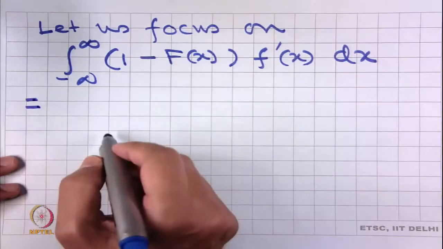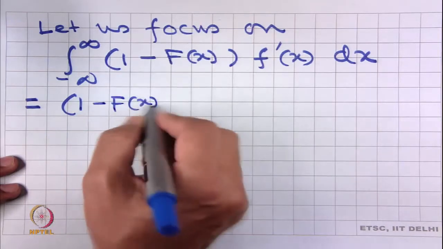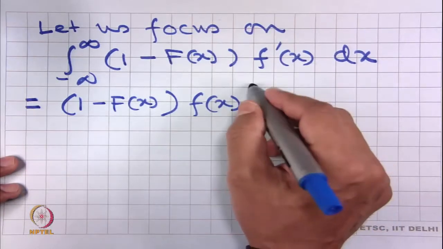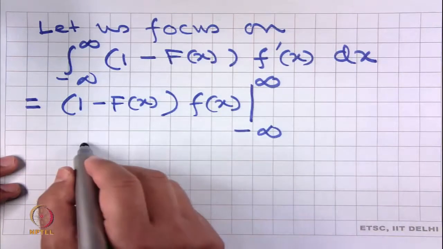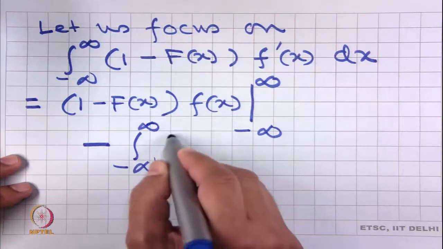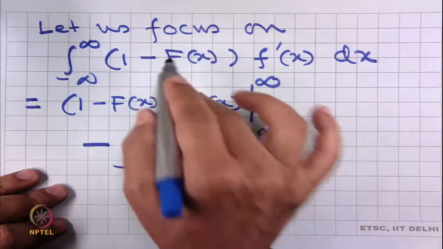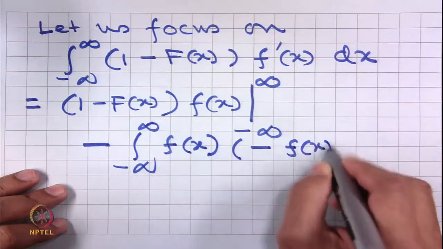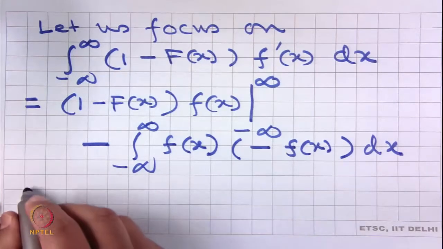This is equal to first function into integration of second function, and this we put the limit minus infinity to infinity, minus integration minus infinity to infinity of f x. Now, derivative of the first function is minus f x, dx.